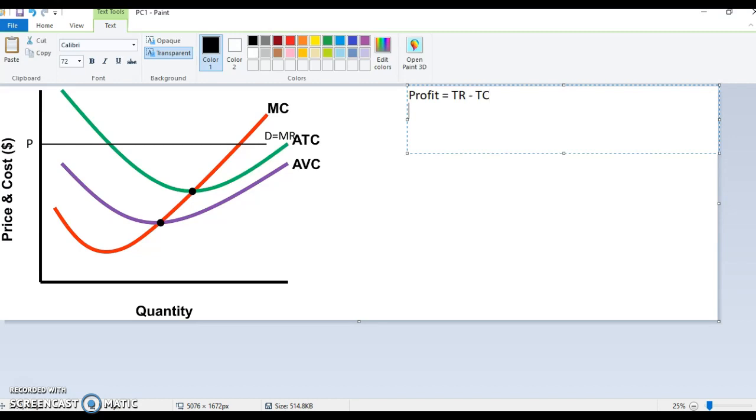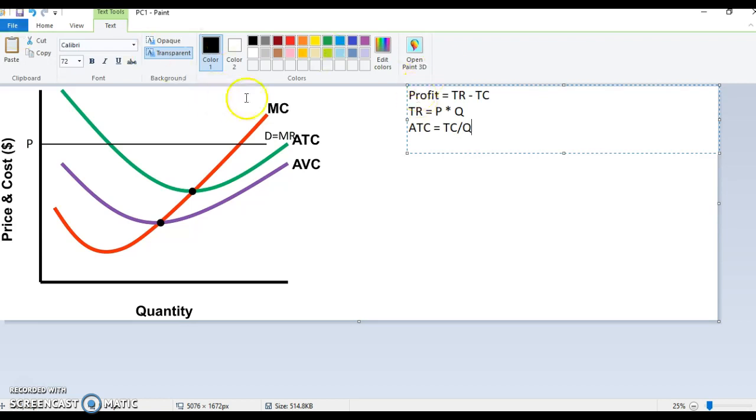We know that our formula for total revenue equals the price of the product times the number of units that are produced. And we also know that average total cost equals total cost divided by quantity.